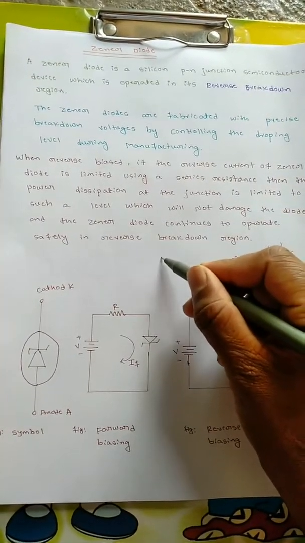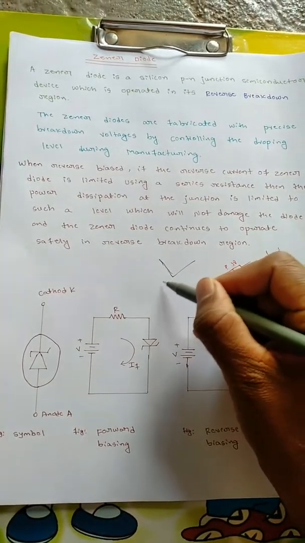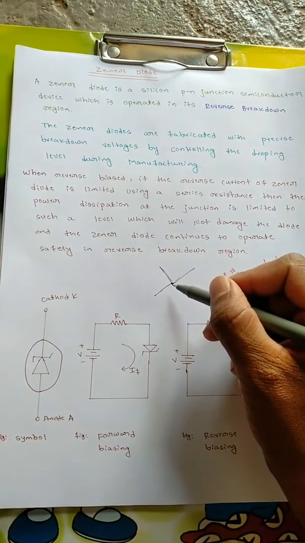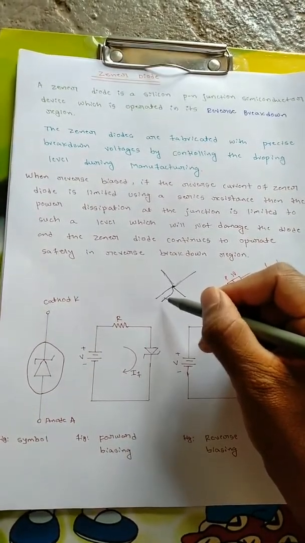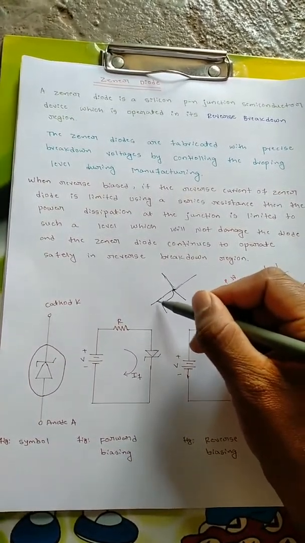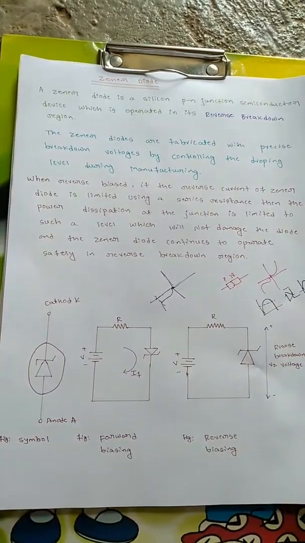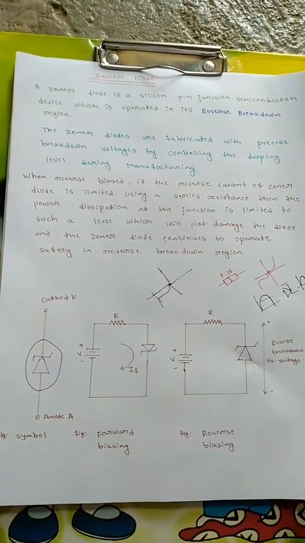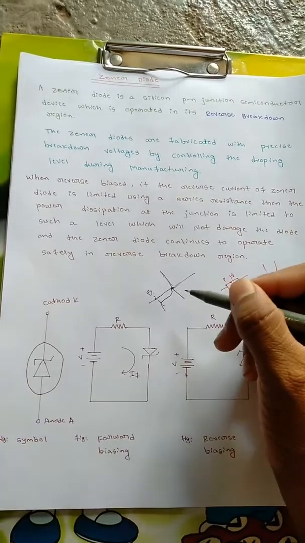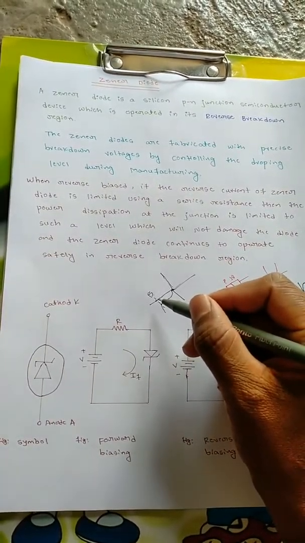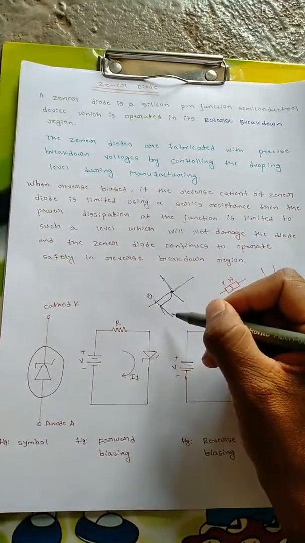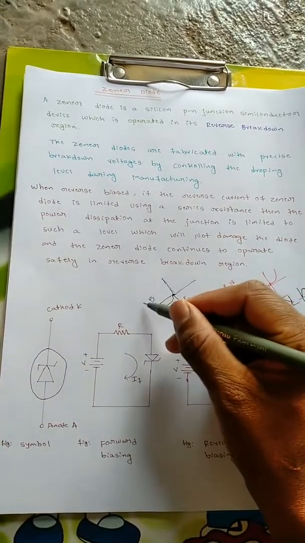What happens in the conventional PN junction diodes is that when we increase the voltage in the reverse direction, up to some voltage it will be conducting, but after that reverse breakdown occurs and the PN junction gets damaged, so it is of no use further. This is the breakdown point B. But in the case of the Zener diode, after breakdown the voltage remains constant. This is the current and this is the voltage.